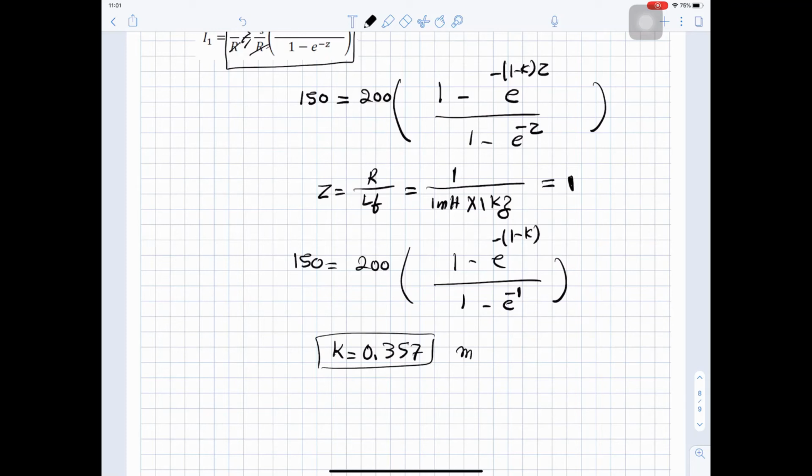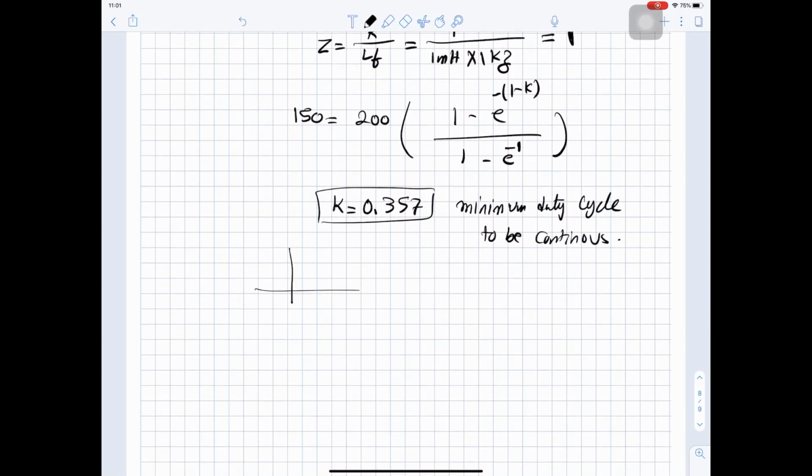So this is the minimum duty cycle to be continuous. Why? The duty cycle is the on time divided by the whole time, and during the on time you are charging, and during the off time you are discharging.